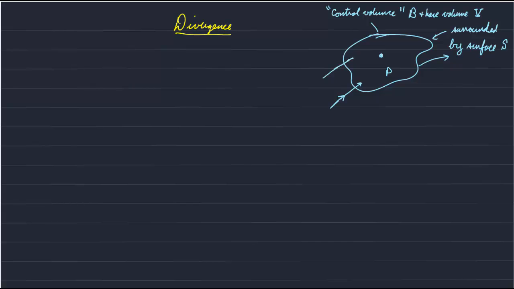And this vector field varies in 3D space as well. So there's our vector field varying around our point P in our volume V.